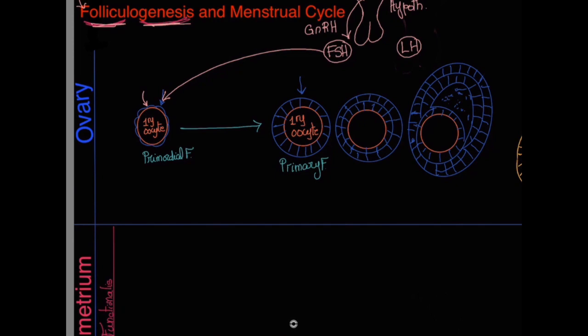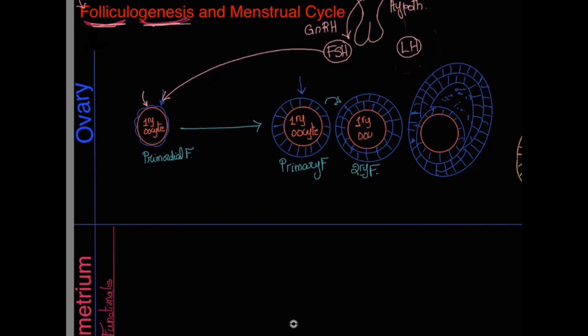Then the primary follicle, still under the effect of FSH, will become a secondary follicle, and the secondary follicle here still has a primary oocyte.